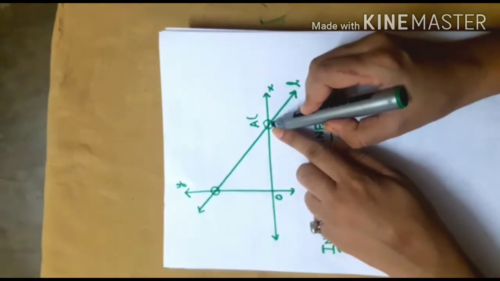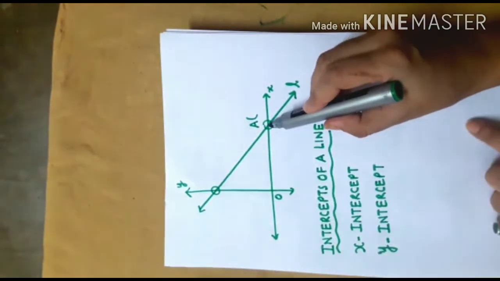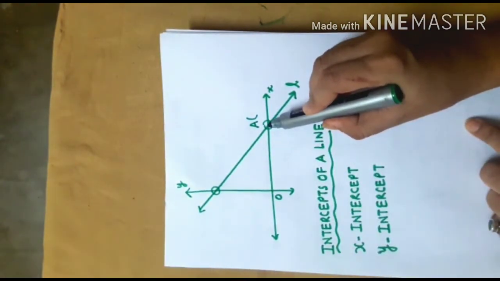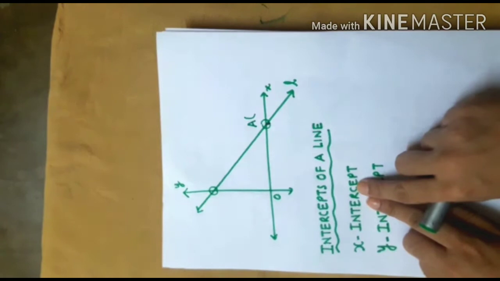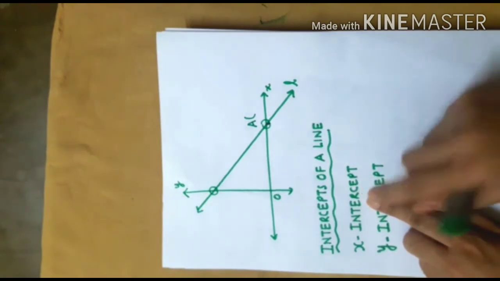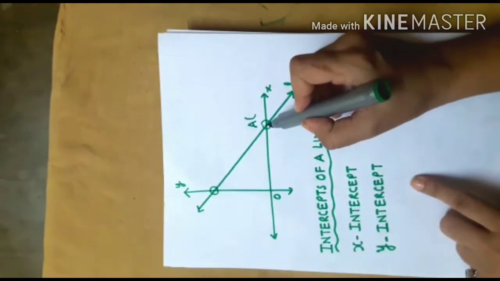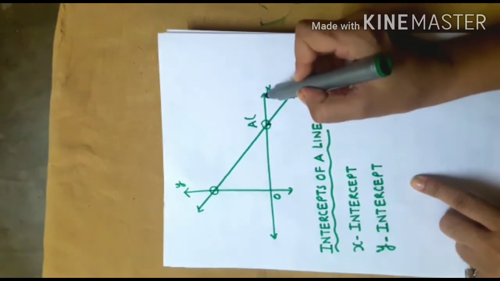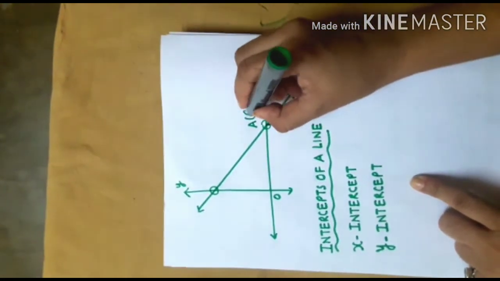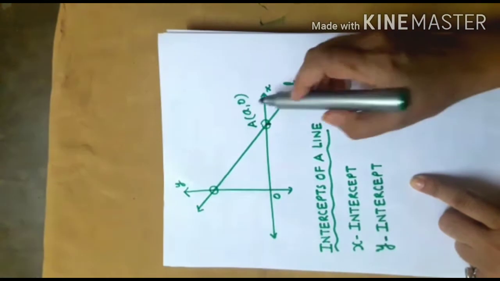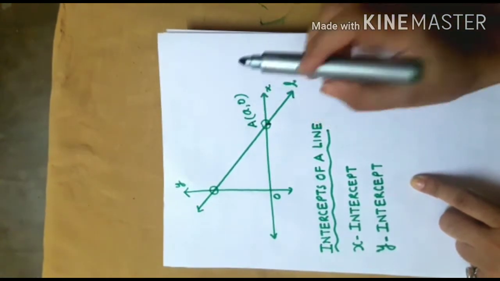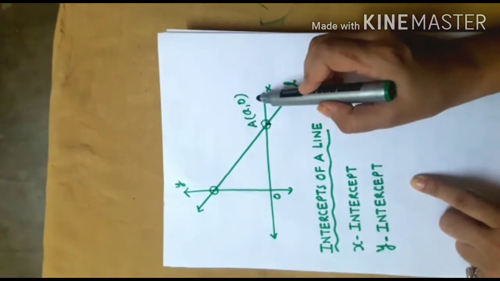Now the point at which a line intersects the x-axis is called the x-intercept. As this point lies on the x-axis, its coordinates will be of this form, a comma 0, because the y coordinate will be 0.